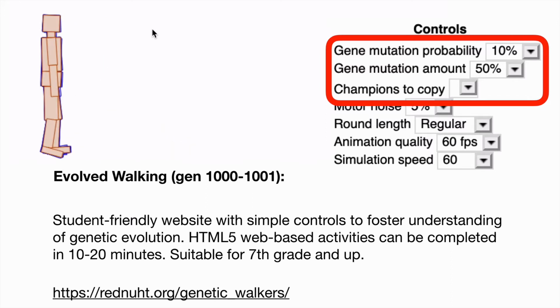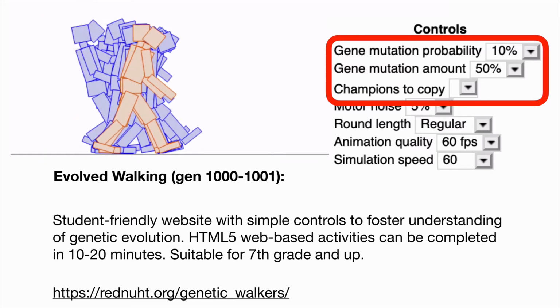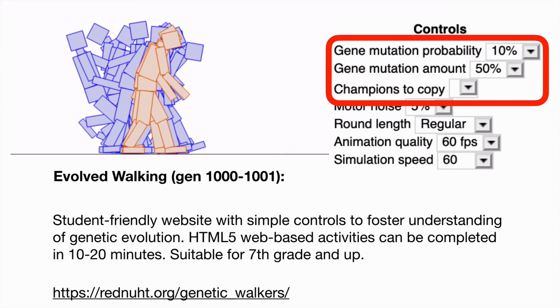Okay. So, this system is the Genetic Walkers website from Red Newt. And it's great for kids because there's control and information. So notice the control. The students can control how often the genetic mutation happens.